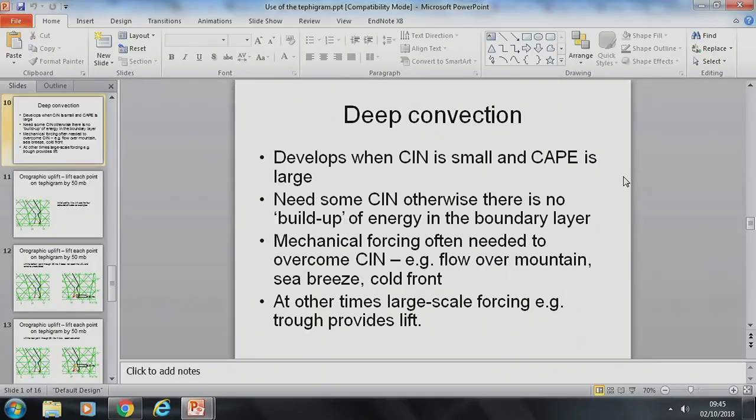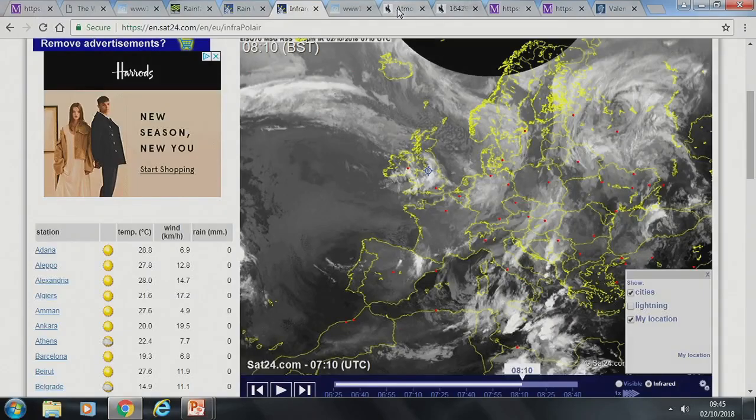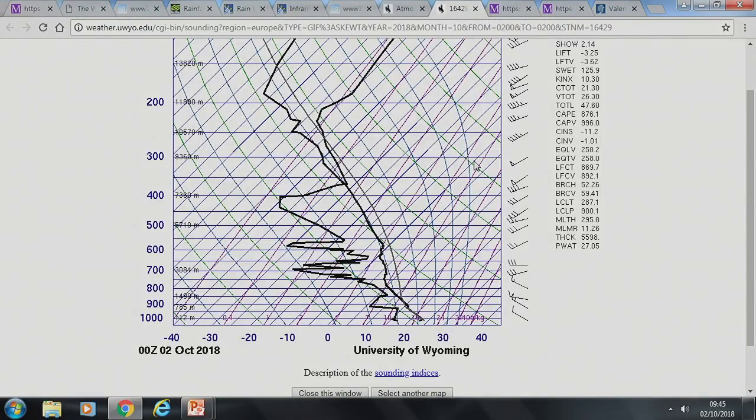Now we can go back and look at this profile here. So this is a profile in that region where there was deep convection. Okay, this is at the toe of Sicily where there was deep convection this morning. And what we can clearly see here is that this profile is actually absolutely unstable in the bottom here.